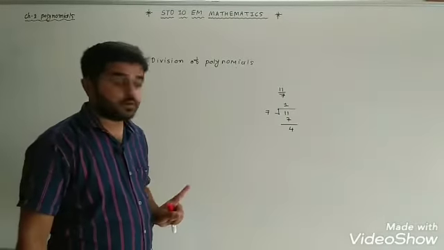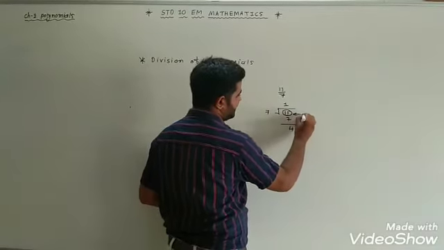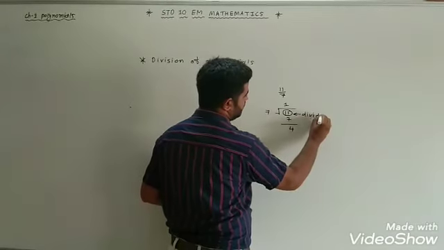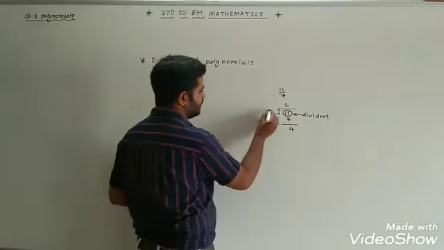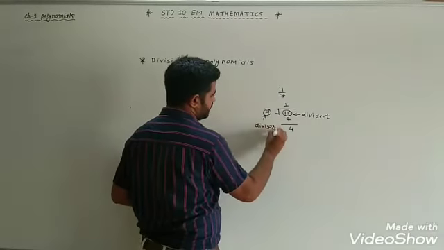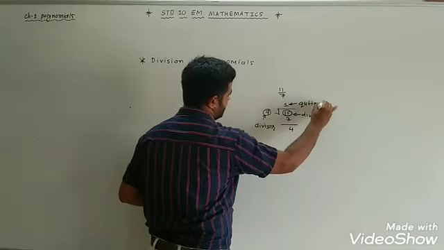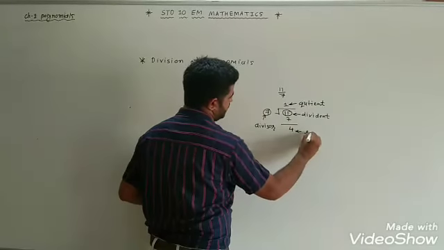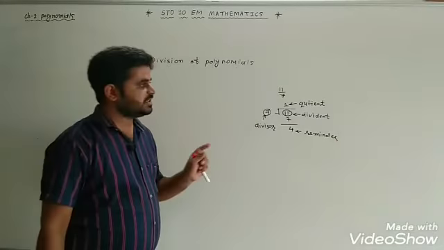Okay, so 11 is what? Dividend. 11 is called dividend, and 7 is called divisor. 1 is what? Quotient, and 4 is what? Remainder. Okay, so remember these things.